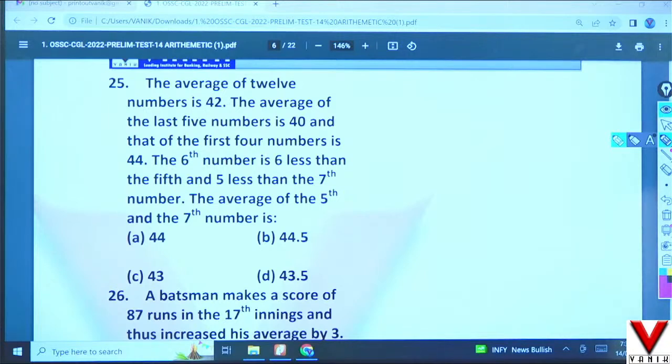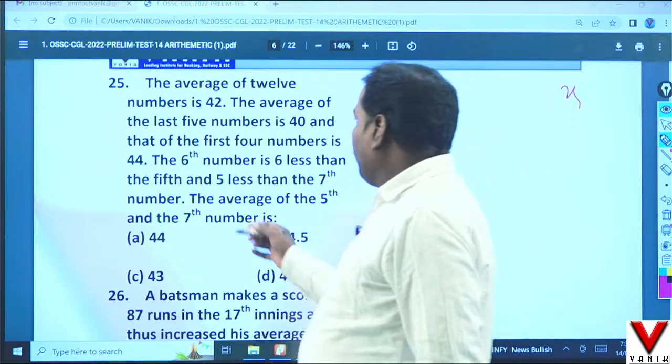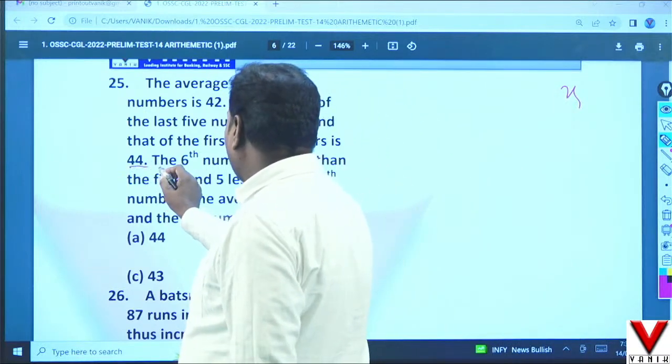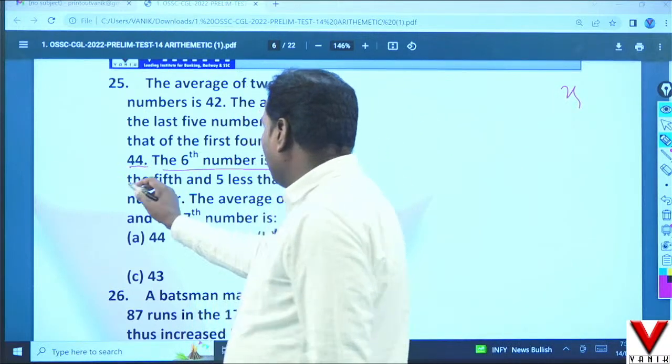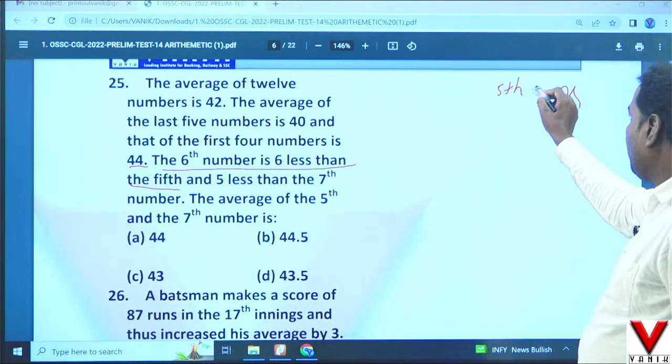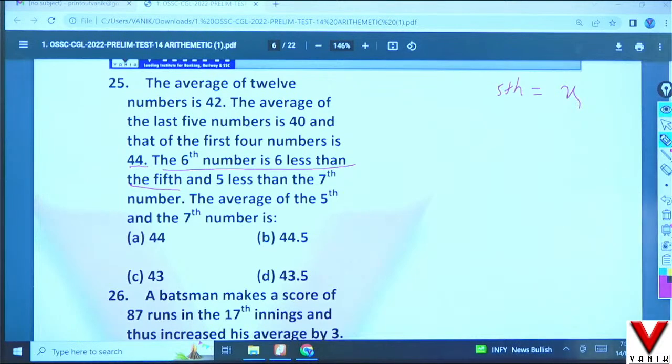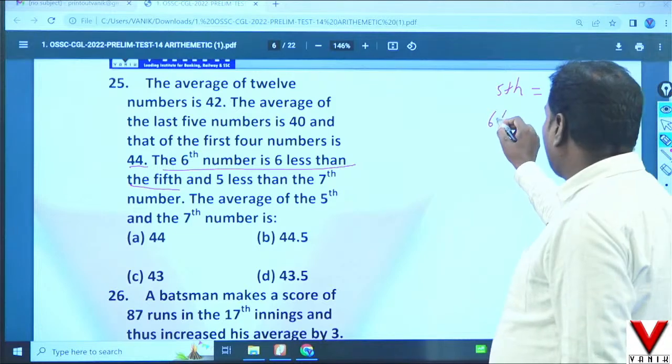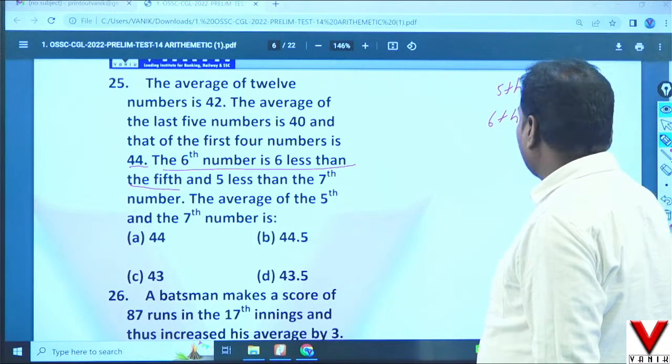Suppose fifth number is x. The first 4 numbers average is 44. The sixth number is 6 less than the fifth number. Then sixth number is equal to x minus 6.